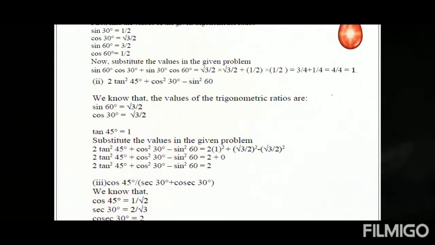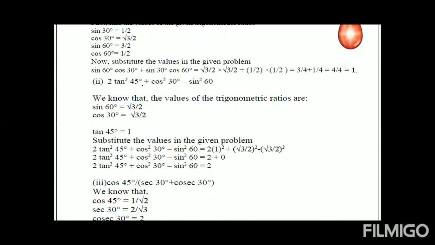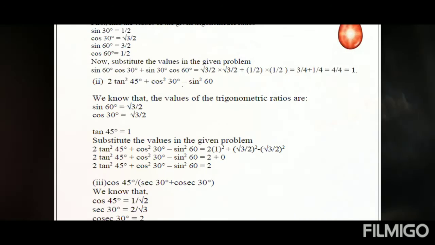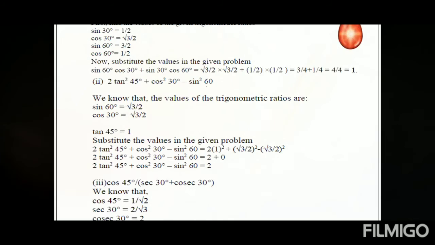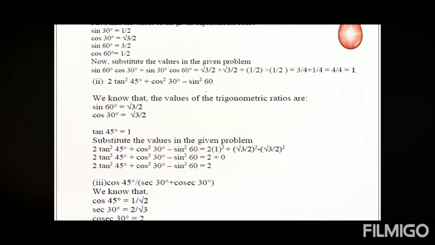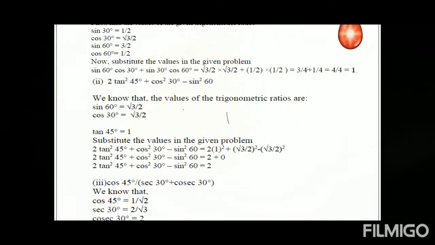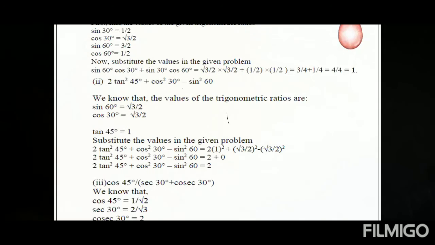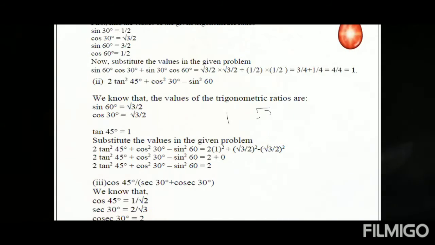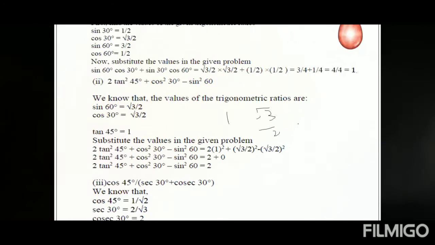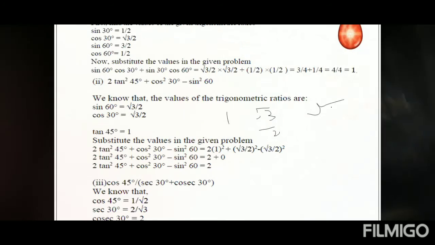Answer is 1. So now the next question: 2 tan square 45 degree plus cos square 30 degree minus sine square 60 degree. What is the answer? So now we need to get tan 45 degree. It is 1. Cos 30 degree is root 3 by 2. And sine 60 degree is also root 3 by 2.